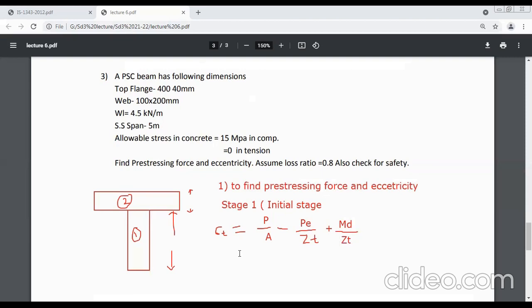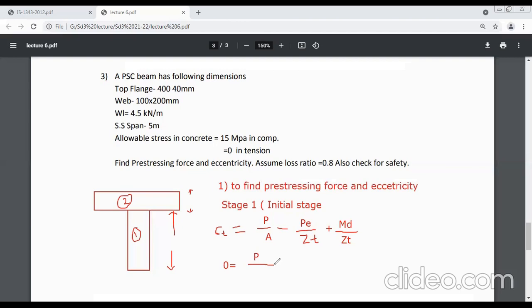Put sigma t as 0, because for the initial stage, the top stress is 0. So 0 is equal to P, the unknown value, divided by the cross-sectional area of the beam.